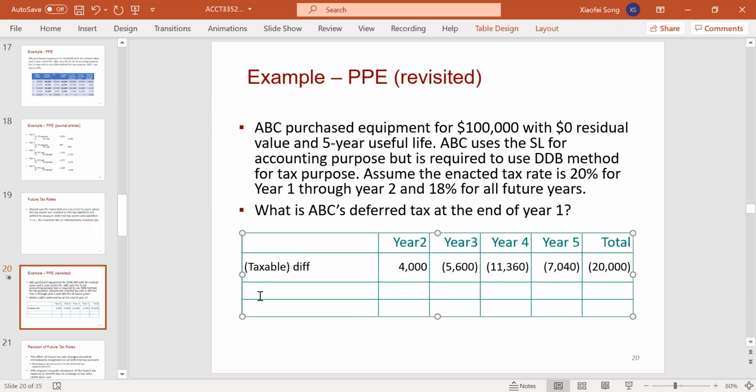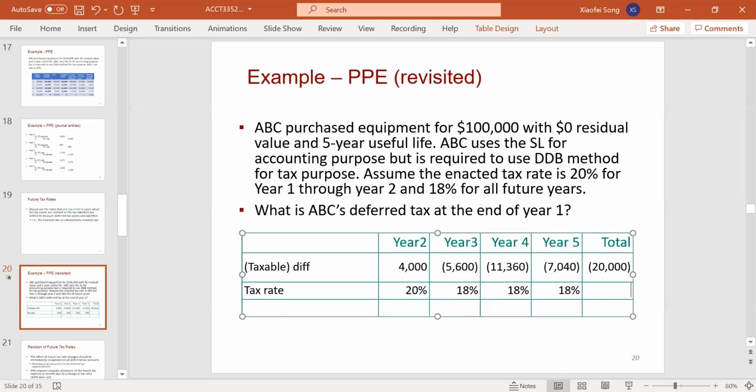And with that laid out, that's the hard part. With that laid out, the tax rate can be applied to each individual year. So that'll be 20% for year 1, 20% for year 2, right? 18% for year 3, 18% for year 4, 18% for year 5.